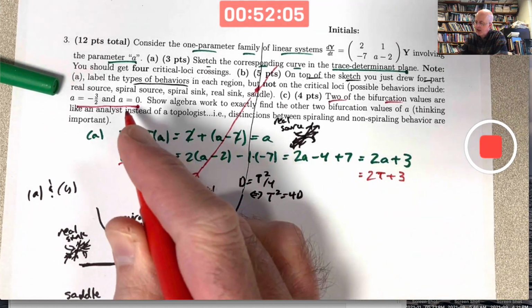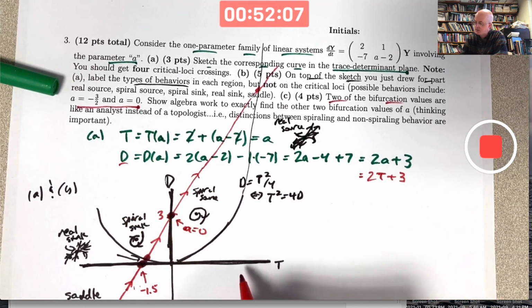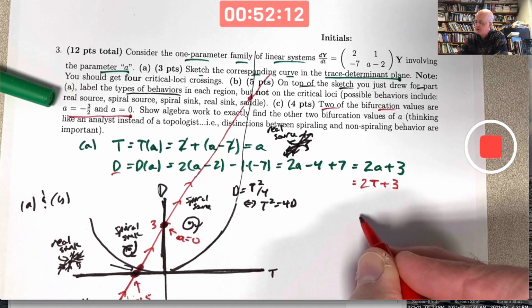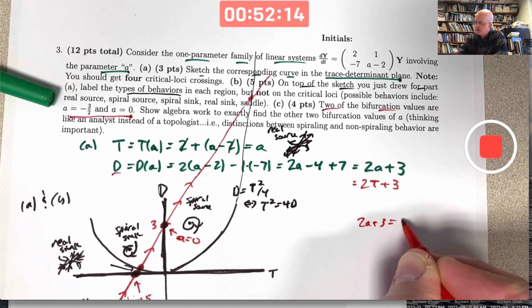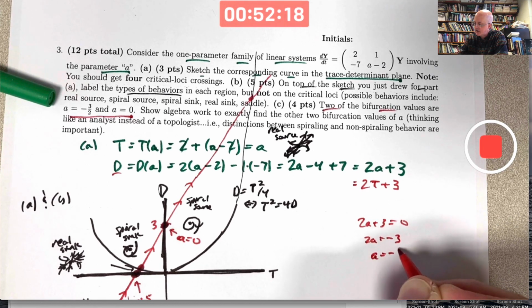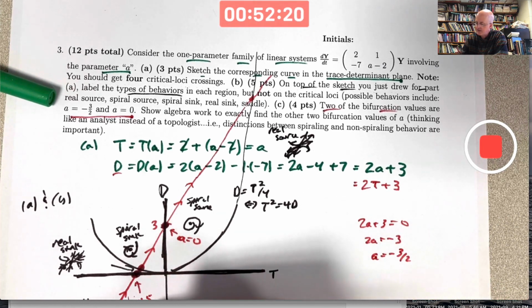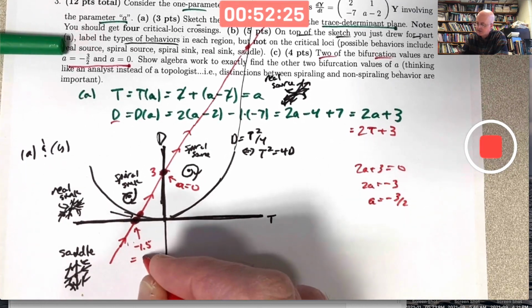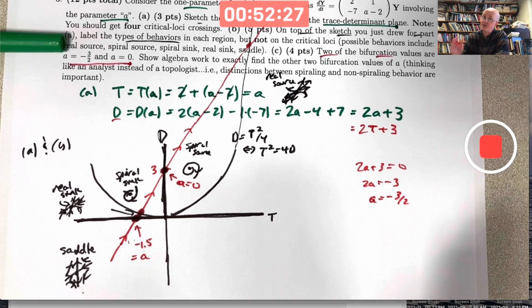A equals -3/2 is when we cross the t-axis where d is 0. Set d equal to 0, 2a plus 3 equal to 0. Get 2a is -3, so a is -3/2. That's another bifurcation value. You're right there. Not only is this t equals -1.5, it's also a equals -1.5. That was a lucky thing. It didn't have to happen.